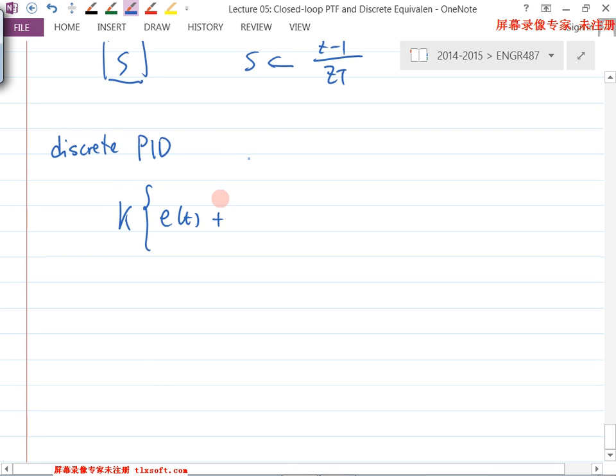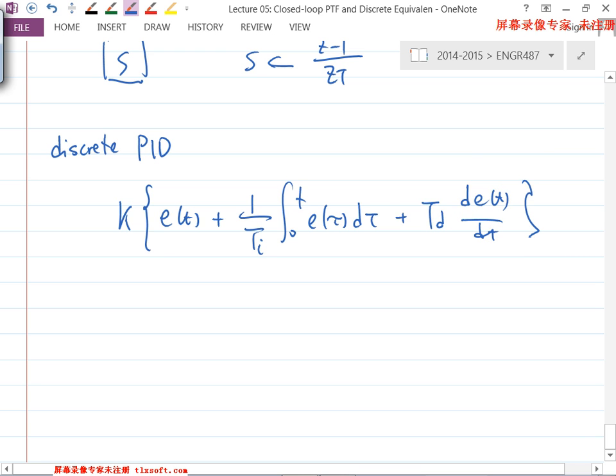So K times the error plus this. Okay, so that's a continuous one, right? That's continuous. Okay, so then all I need to do is the emulation process to find the discrete one, which is the z function. You know what I'm saying, right? So, which means what?